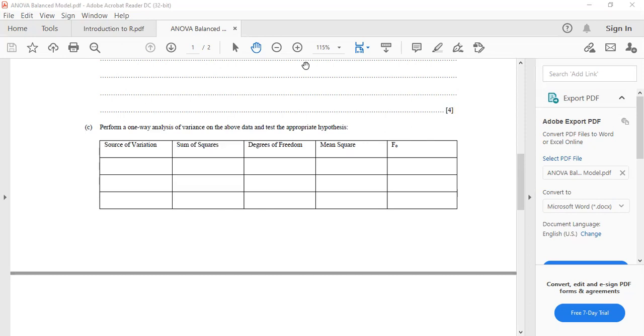When you're writing, try to relate it to the general formula. So you would say the summation from i equals 1 to 3, j equals 1 up to 5, y ij squared minus n y bar dot dot squared. You're squaring y bar, that is, you're squaring the grand mean.